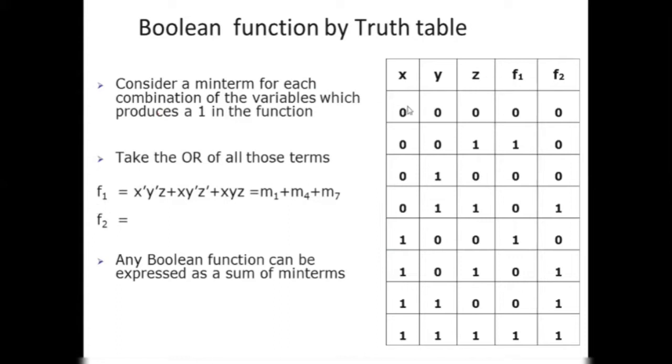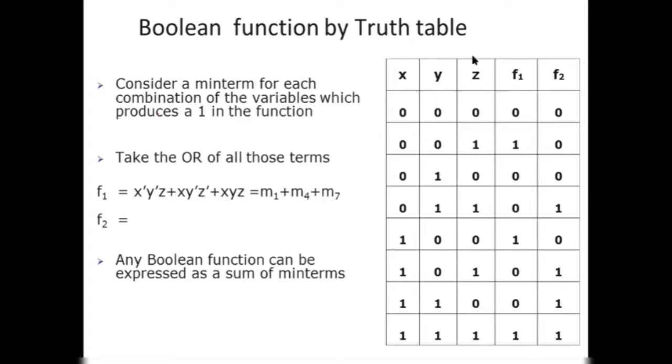So you have to write all the combinations with 3 variables. How many combinations are there? 8, from 0 to 7. There's a pattern you can write: 4 zeros, 4 ones, 2 zeros, 2 ones, 1 zero, 1 one, like that. It's easier if you want to write it quickly.